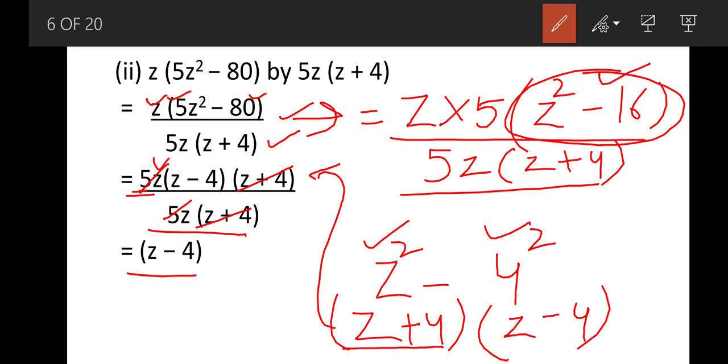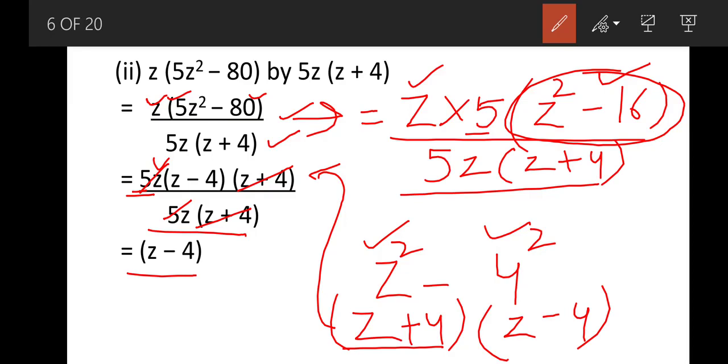What I have done: 5z square minus 80 is to be divided by 5z into z plus 4. Now z will remain outside. What is the common factor of 5 and 80? 5 I have written outside. So what will be left inside? Z square minus 16. And below this it will be 5z bracket z plus 4.